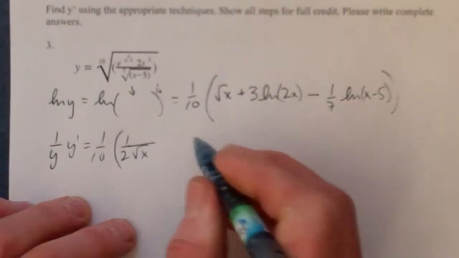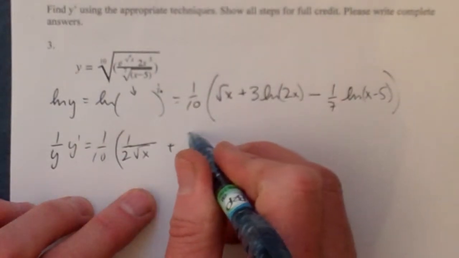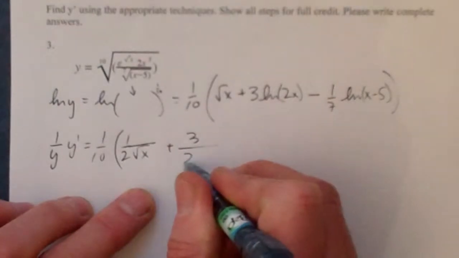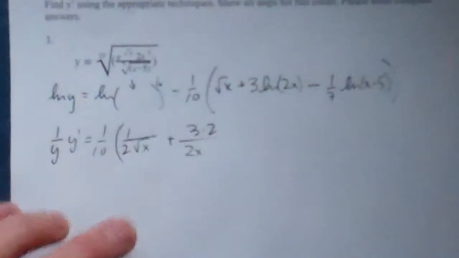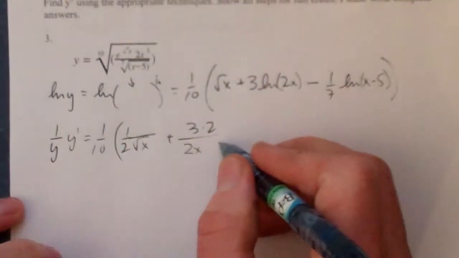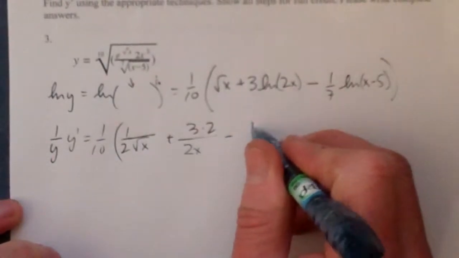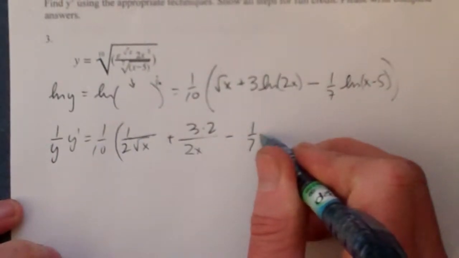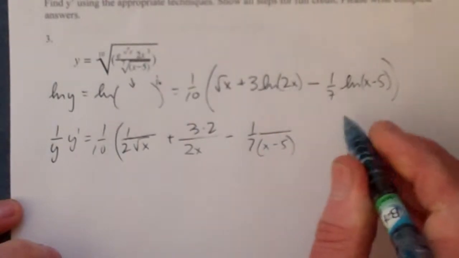You've done that before. Plus, when I take the derivative of this, it's going to be 3 over 2x, and then the derivative of 2x is times 2. I love it when I lose the power. Got back. And then it's going to be minus 1/7 times x minus 5, and then the derivative of that is just 1.